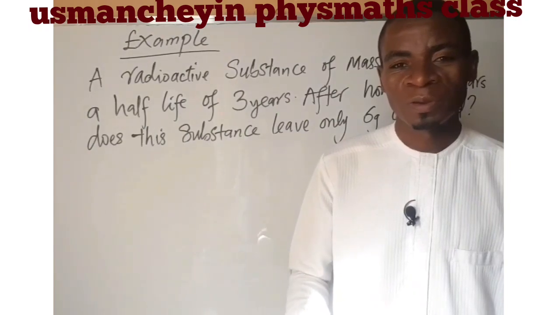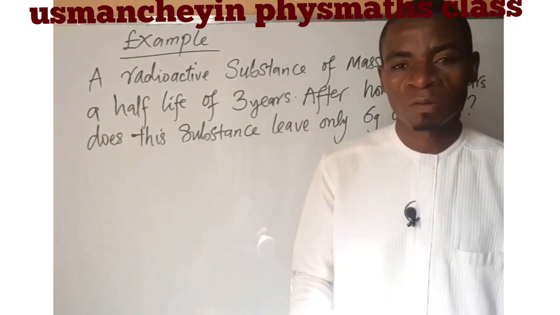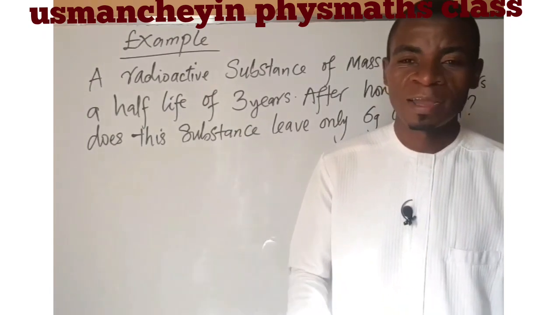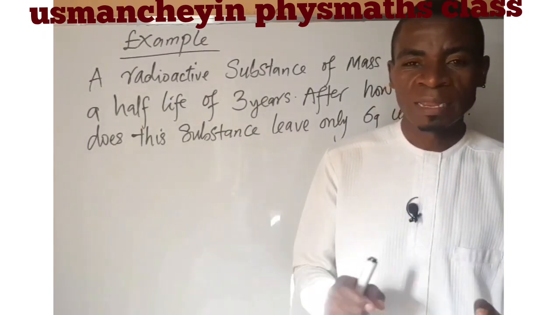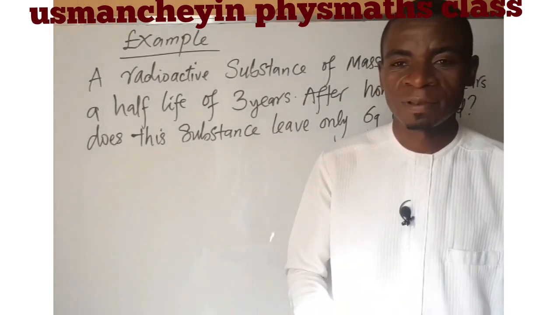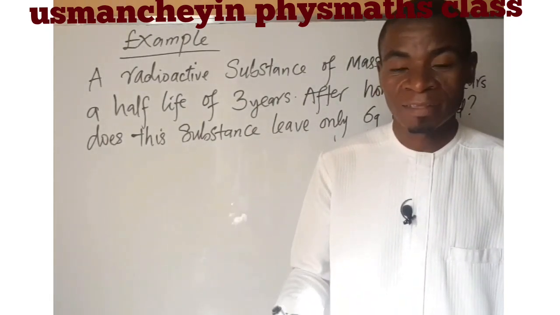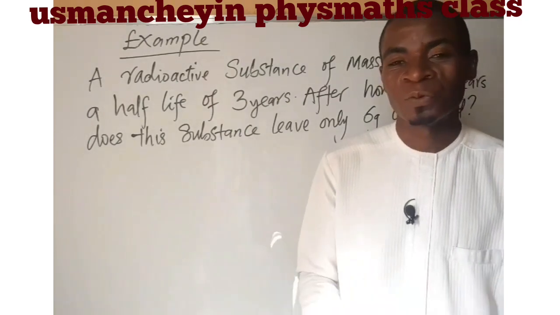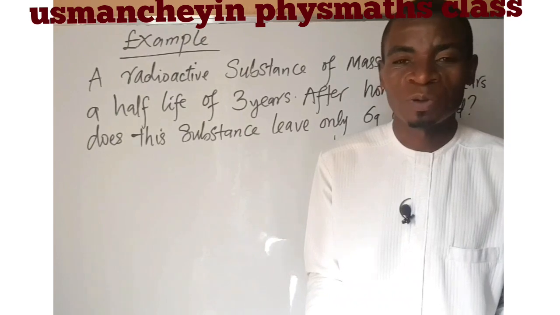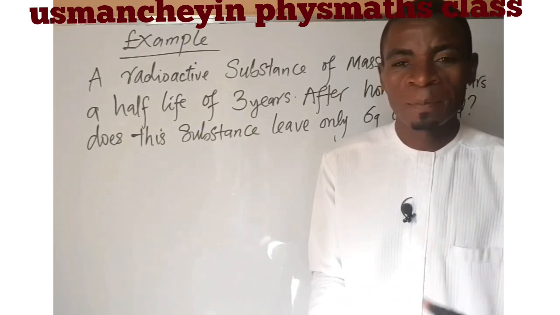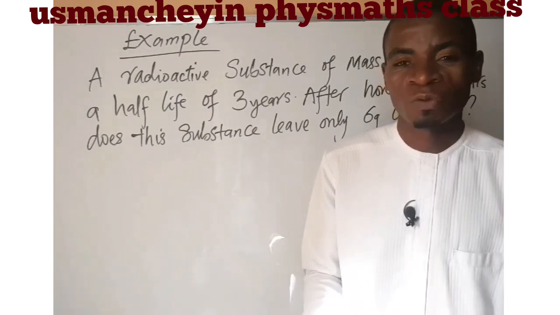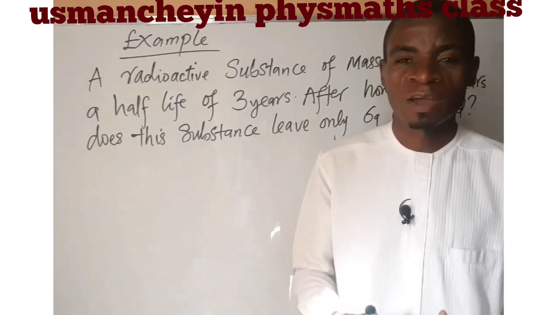In our tutorial today, I shall continue with the discussion on radioactivity. In my last video, I discussed the relationship between the decay constant and the half-life. As I promised, in this video we'll be looking at examples. We'll look at two approaches to solve this example. In the first method, we use the equation that we have proven.